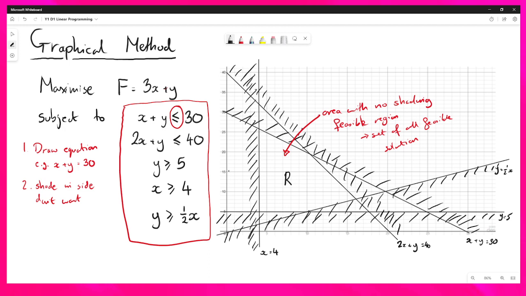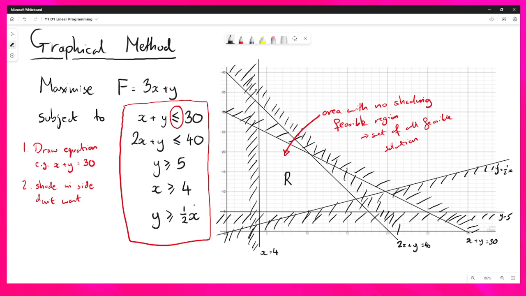So this is our graph that summarizes this linear programming problem. What we are going to do is use the graph to solve the linear programming problem and to find the optimal solution.